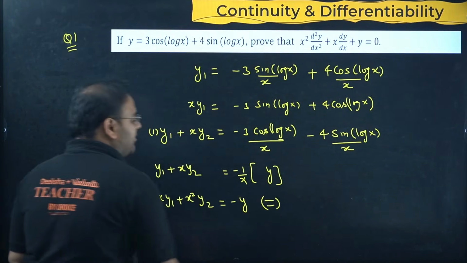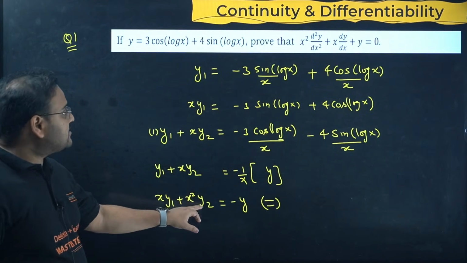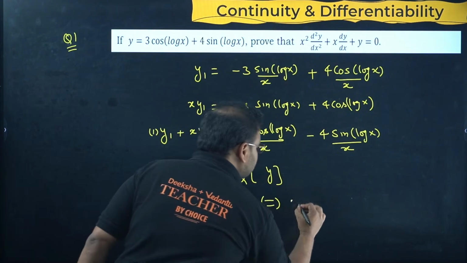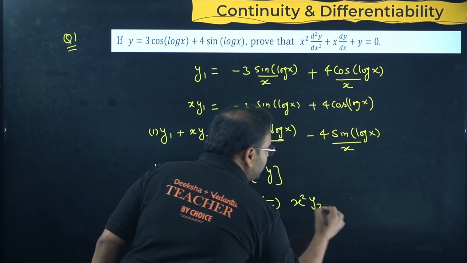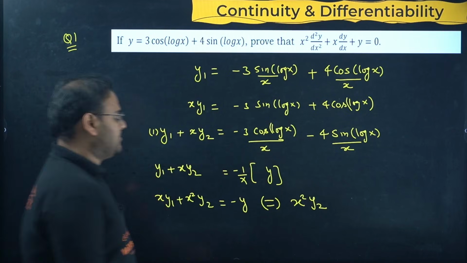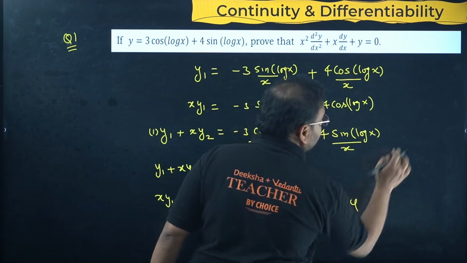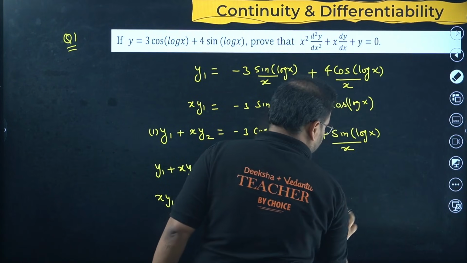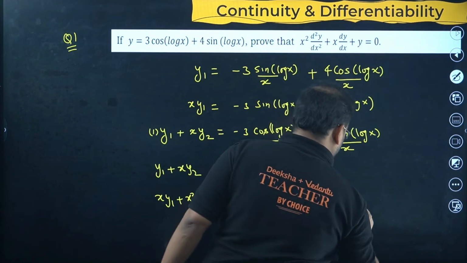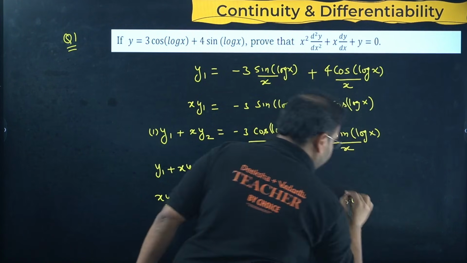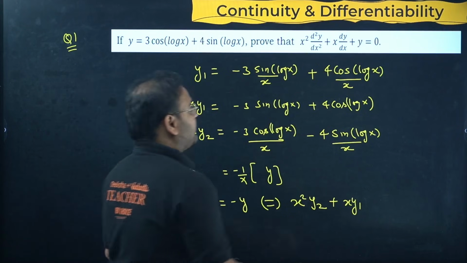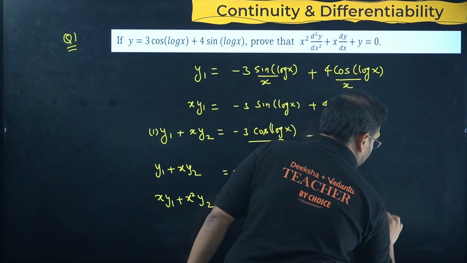Rearrange this, beta. I'll write the second derivative term first, in the beginning. So x square y2 plus xy1 plus y equals 0.